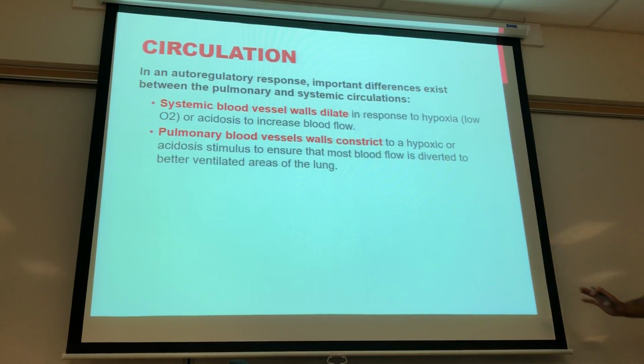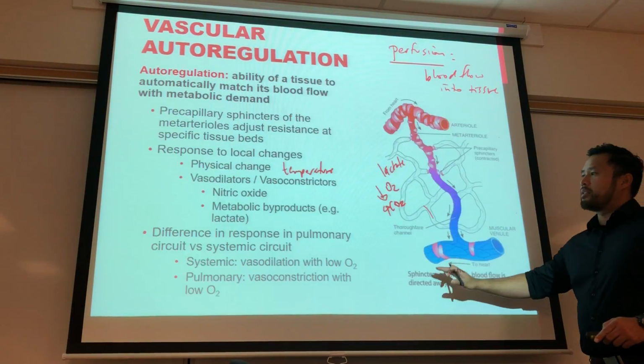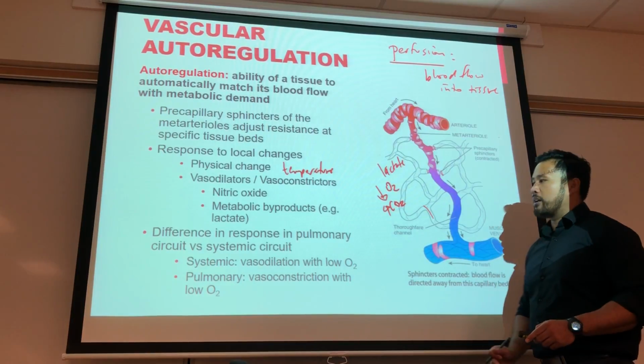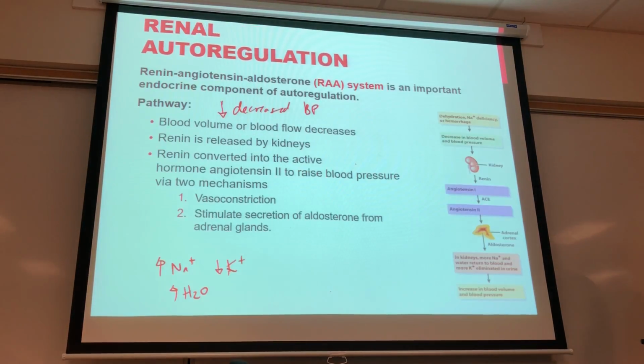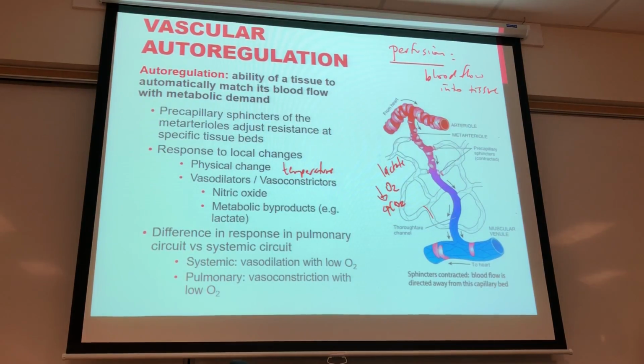As I mentioned earlier in our prior slide, where I talked about the difference between systemic versus pulmonary circuits and the response to low O2. Again, low O2 is also known as hypoxia.